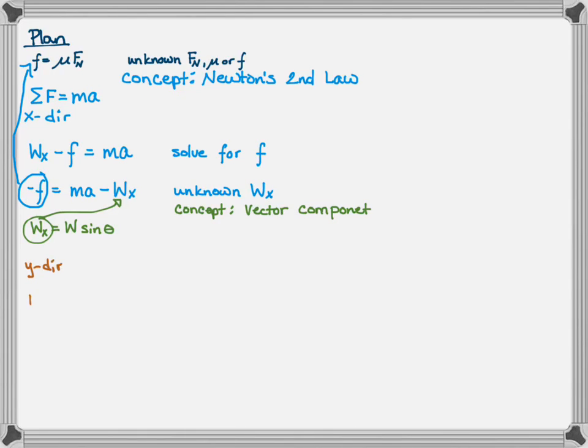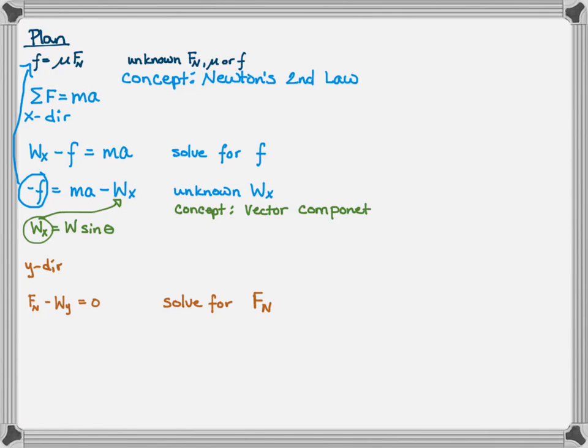So let's see if I now sum in the y direction, again looking at all the forces in the y direction. I have the normal force in a positive y direction. I have the weight in the y direction in a negative direction. And there is no acceleration in the y direction. The acceleration, remember, is along the x. You can go back and refer to the picture. So it's going to be equal to 0.